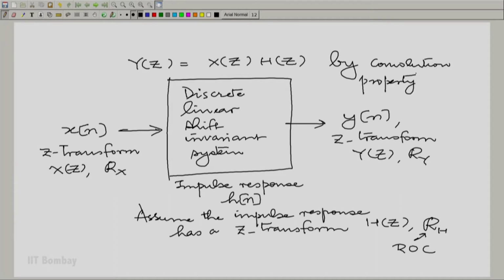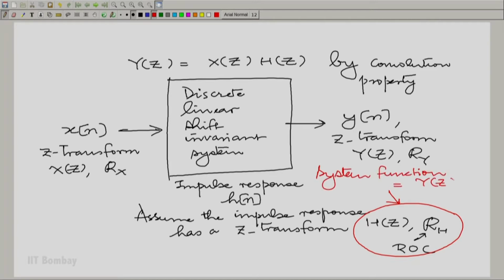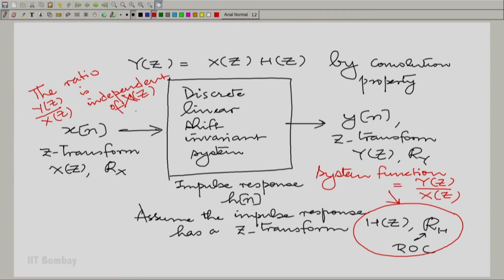And therefore, H of z, which is called the system function here, like the case of the Laplace transform, tells you what is the ratio. The system function, this ratio of the output Z transform to the input Z transform, importantly is independent of the input Z transform for LSI systems. That is very important.